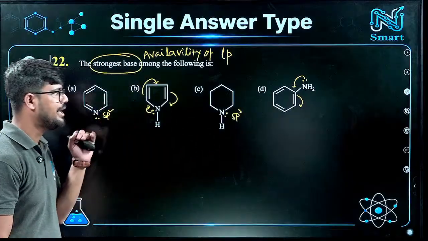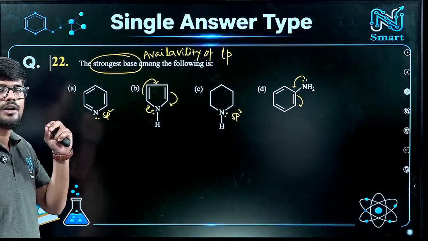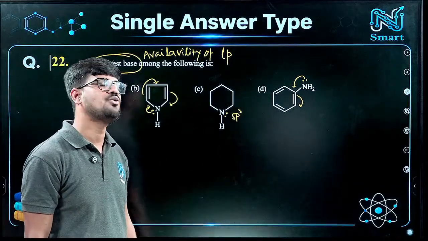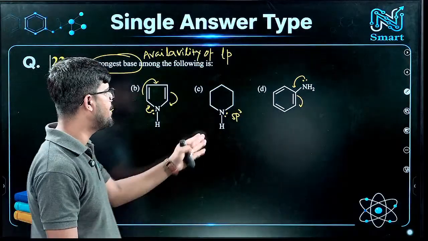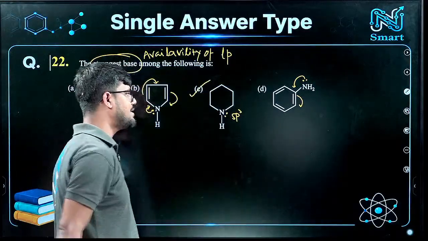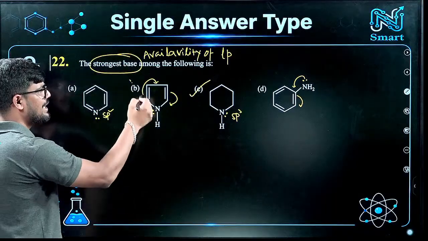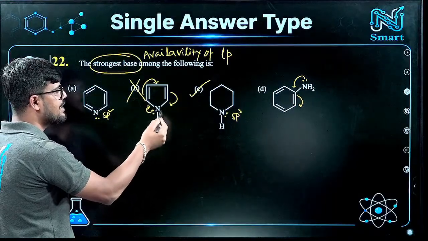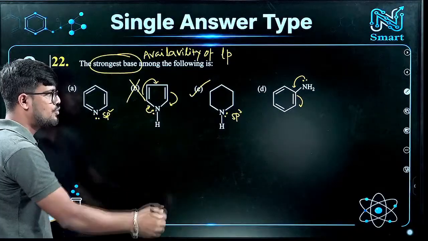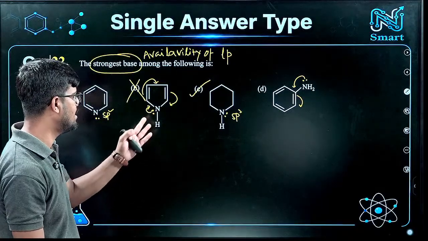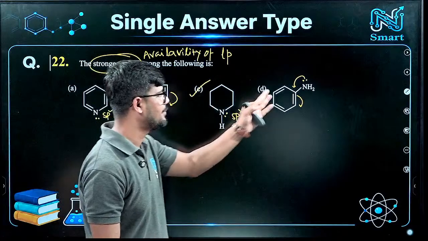Now you just tell me in which case lone pair can be easily donated to H+. Obviously this pyridine system, C. The reason is that, so here we can easily eliminate because of aromaticity, this pyrrole, it will not show that much basicity because lone pair is not available.